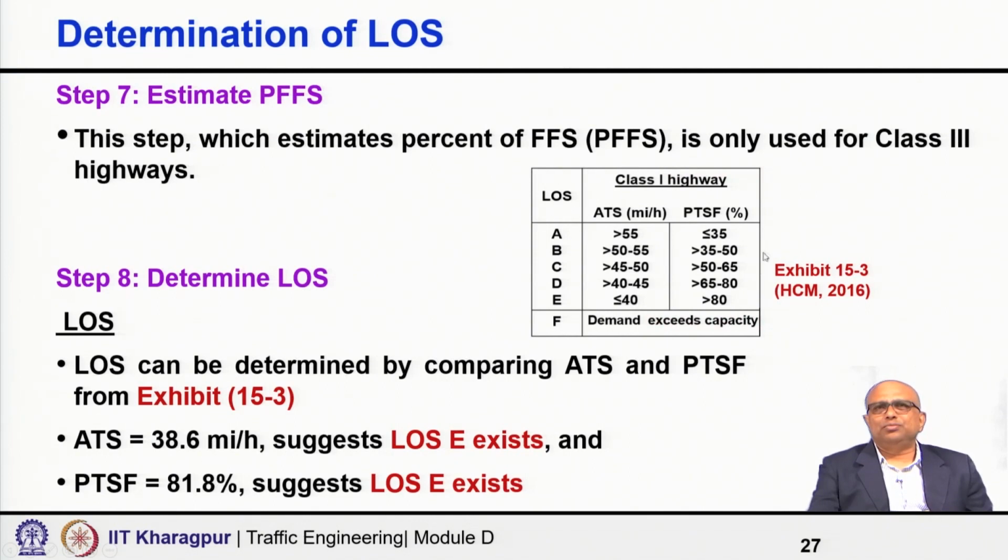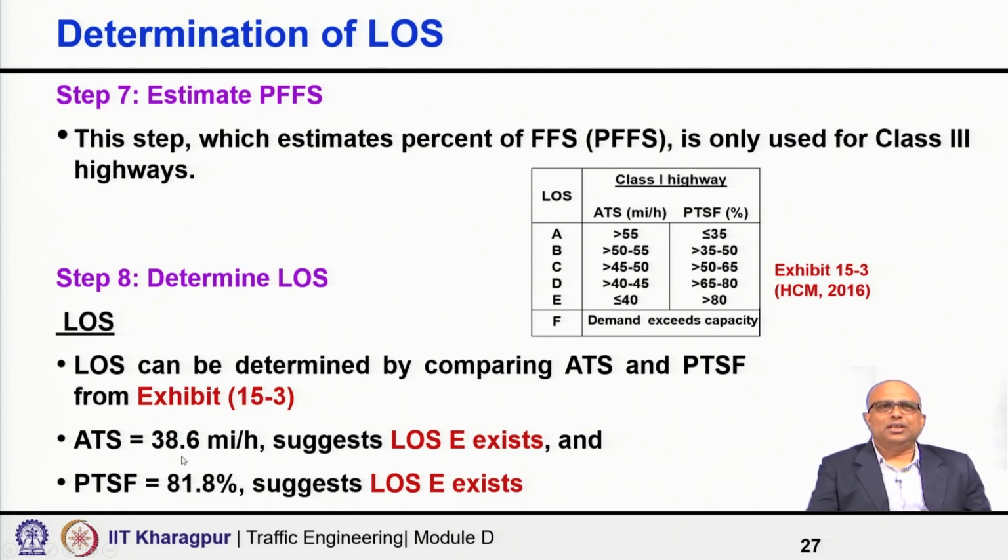Then we can go to the next step, the LOS calculation, and we can use exhibit 15.3 of HCM 2016. I have also mentioned this table in the previous lecture, lecture 5 of this module, and you can pick it up.